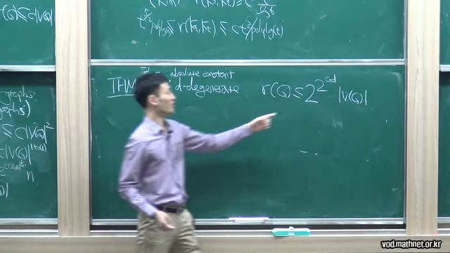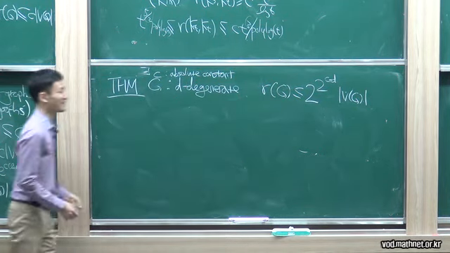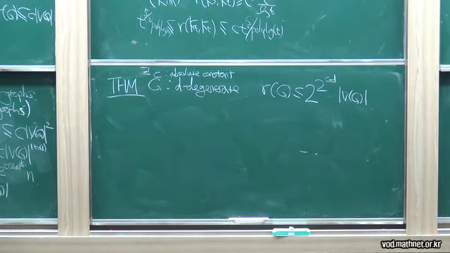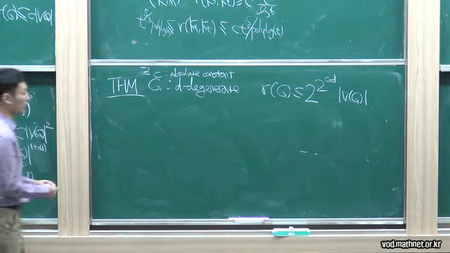In this business, double exponential is not too bad, but it's not best possible, or at least not known to be best possible.